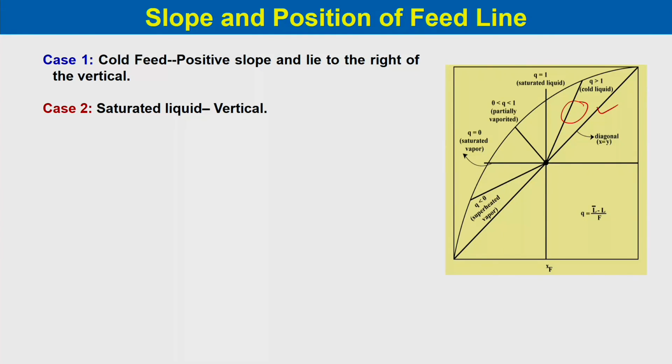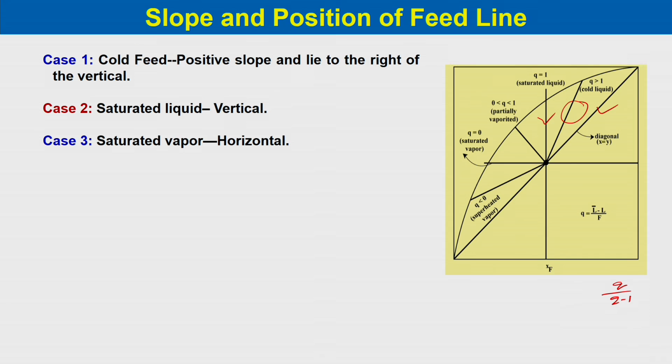So, q would be 1 and the slope, that is q by (q minus 1), will be infinite. So, it will be a vertical line as shown over here.